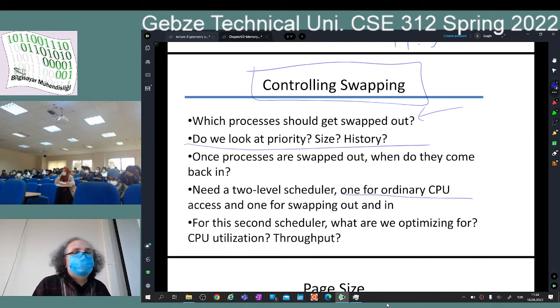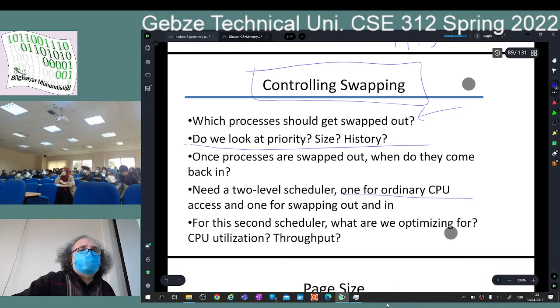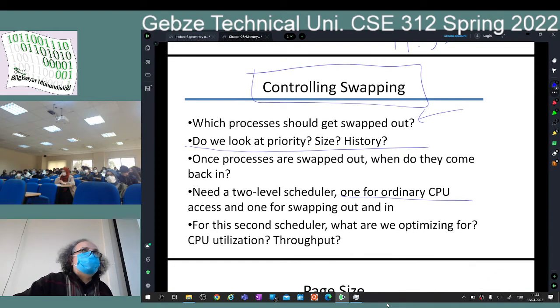Okay, good. So again, just a single slide. If I wanted to go into detail on swapping, I could spend 2 or 3 weeks on it, because as I said, this is as complicated as CPU scheduling, but I am not going to do that.